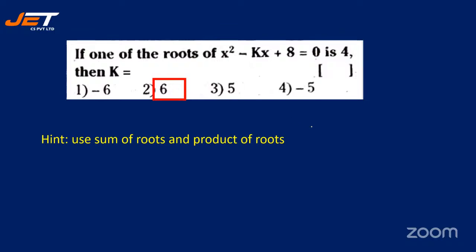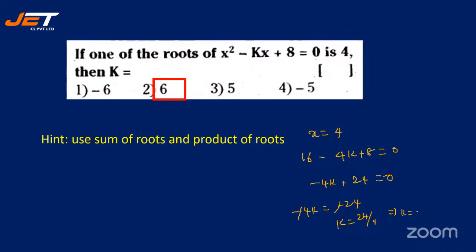You just have to substitute the value of x as 4. 16 minus 4k plus 8 is equal to 0. So minus 4k plus 16 plus 8, 24. So plus 24 equal to 0. Minus 4k minus 24. So k will be 24 by 4. So k is 6, 4 sixes are 24. That is why your option is correct. Okay. See the next question.